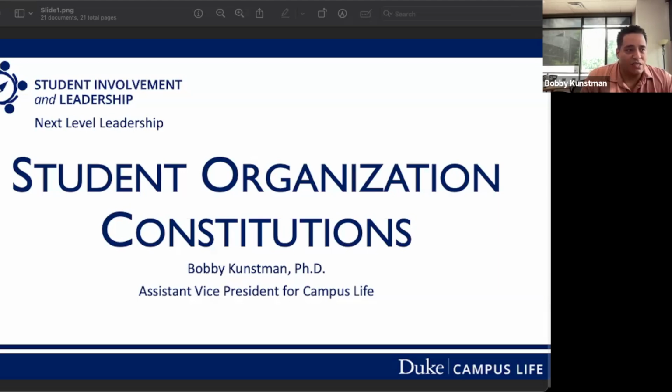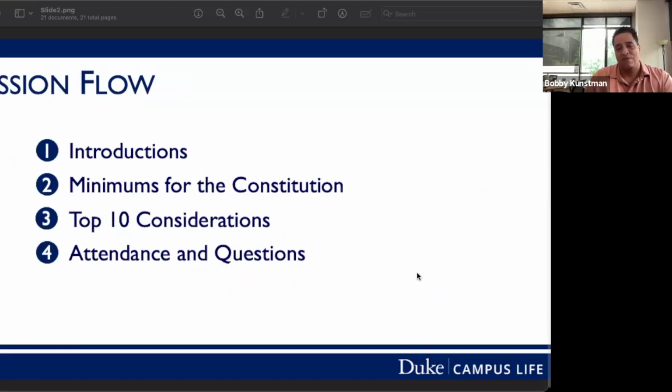And so we're going to spend some time talking about our minimum requirements for student organizations in terms of what you put into a constitution, and then the top 10 things we want you all to consider including in your constitutions.